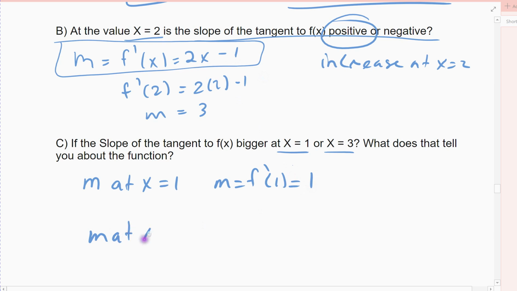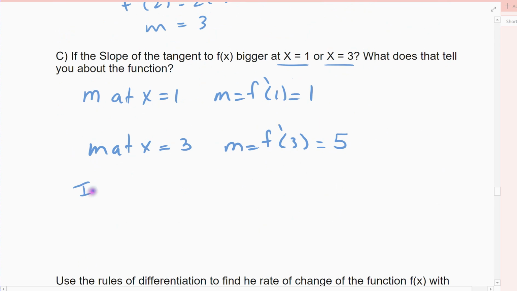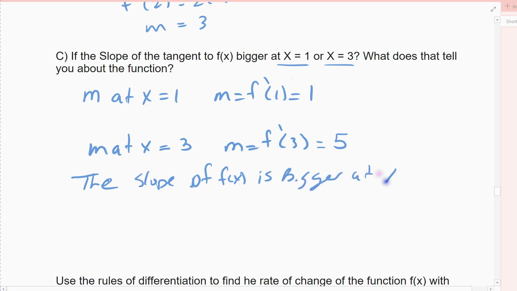My slope at 3 is 3 times 2, which is 6, minus 1, which is 5. So the slope of f of x is bigger at x equals 3.